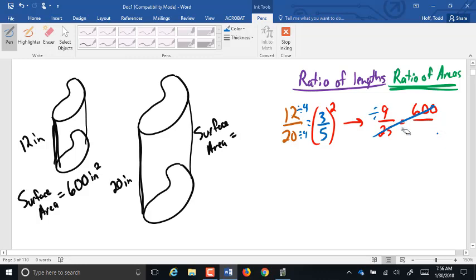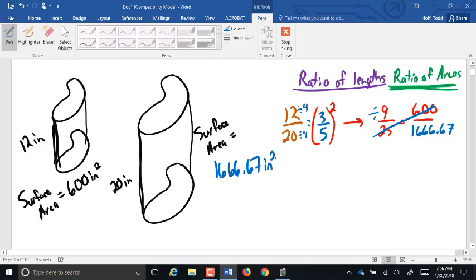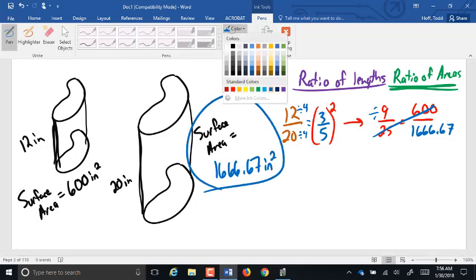Okay. Should be 16.67. It's actually 15,000, not 1,500. So 1,666.67 inches squared is that surface area.